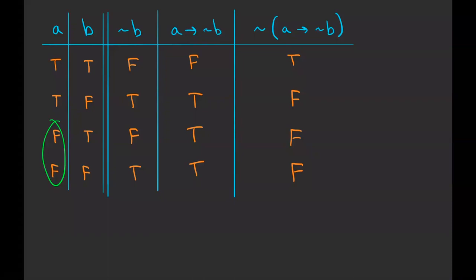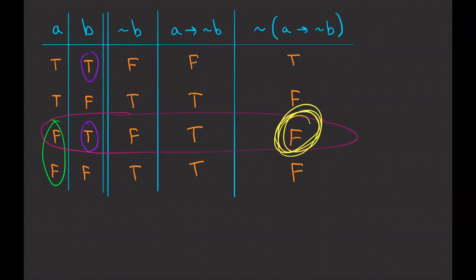So what we're doing there is we're looking at that and that. You can probably tell that we care about this row right here, because that's where A is false and B is true. This is the thing that I know.